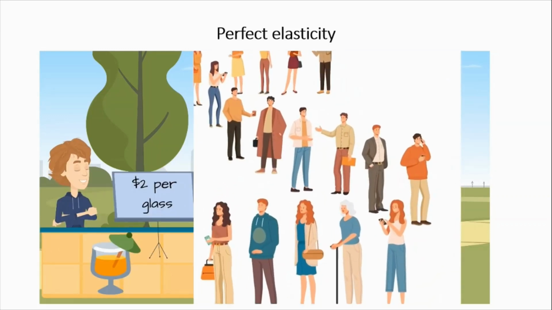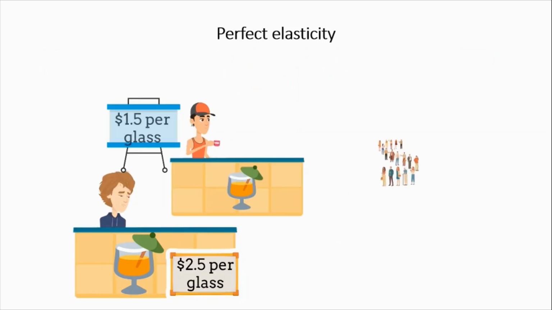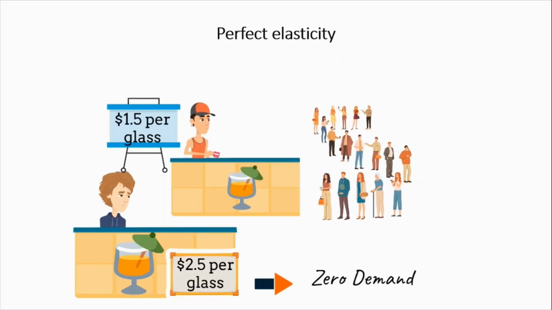Suppose the initial price is $2 per glass and this seller has a lot of customers in the market. If the price changes from $2 to $2.5 per glass, the quantity demanded immediately falls to 0. On the other hand, there is another seller who decreases the price from $2 to $1.5 per glass, and he grabs almost all the customers in the market.